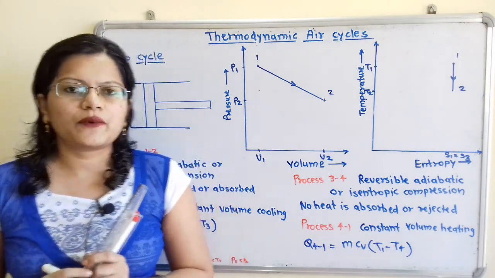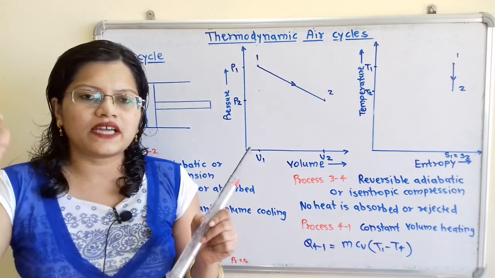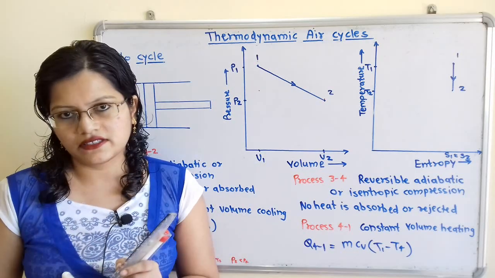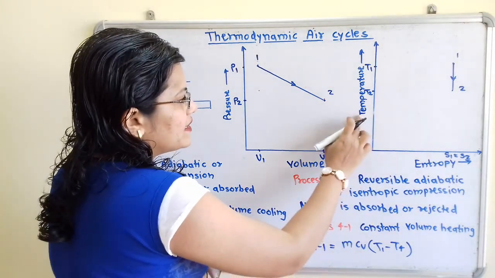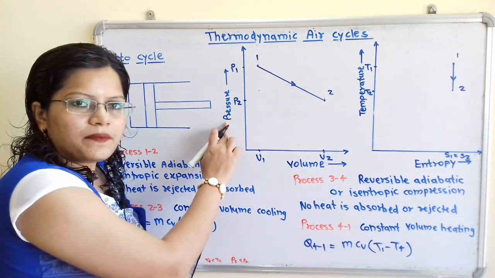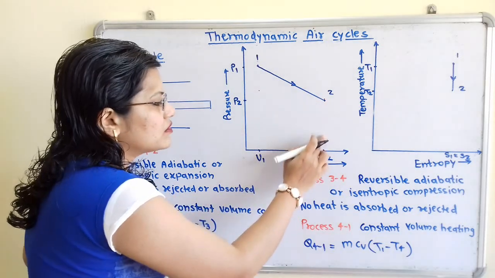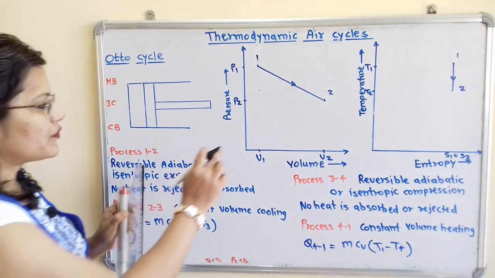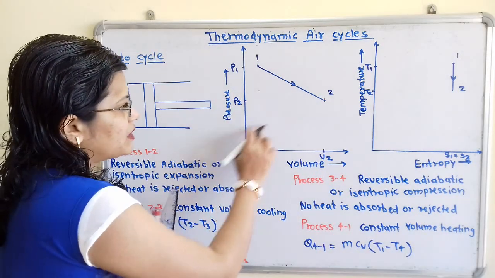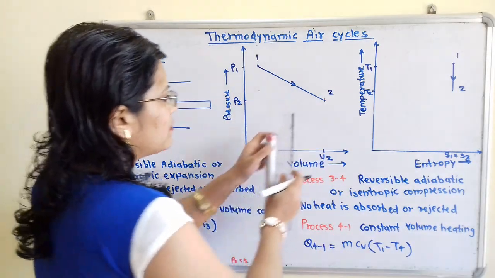And when the cooling process is taking place, entropy is getting decreased. So we have to show decrease in entropy, decrease in temperature and decrease in pressure, and we have to show the constant volume. So I will show here decrease in pressure and volume will remain constant.